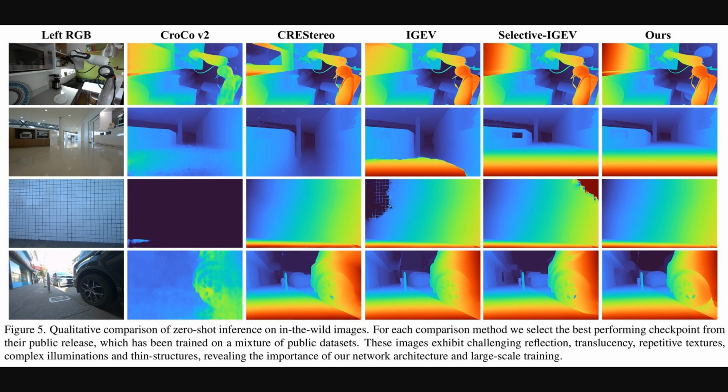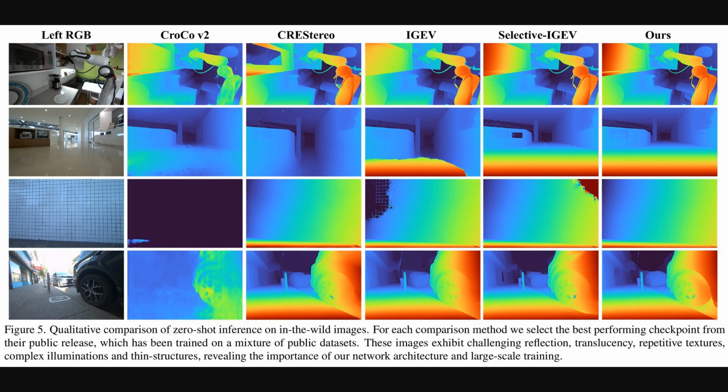Okay, so those quantitative results in the table really showed the numerical advantage. Now, this figure 5 gives us a more visual, qualitative comparison of that zero-shot performance on those tricky in-the-wild images we saw earlier. So the first column is the input image.